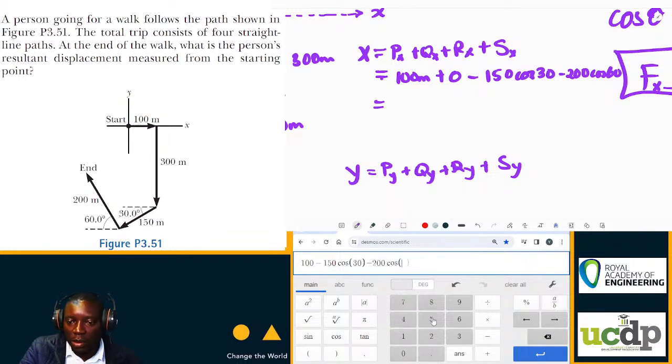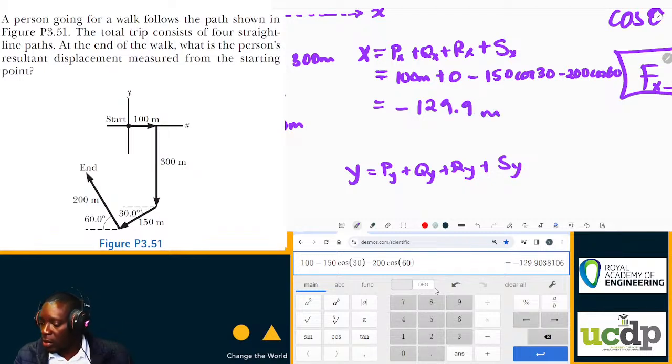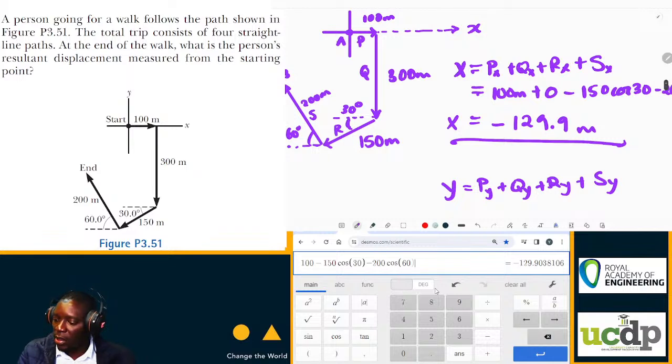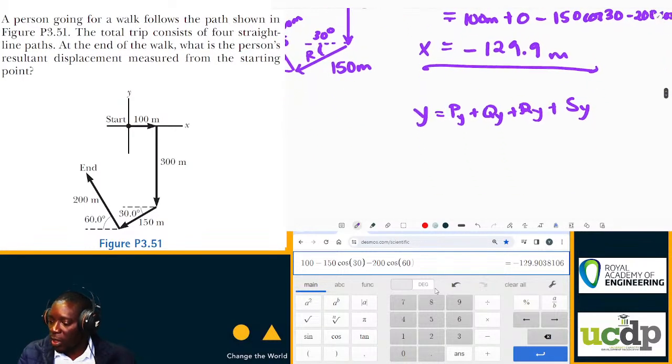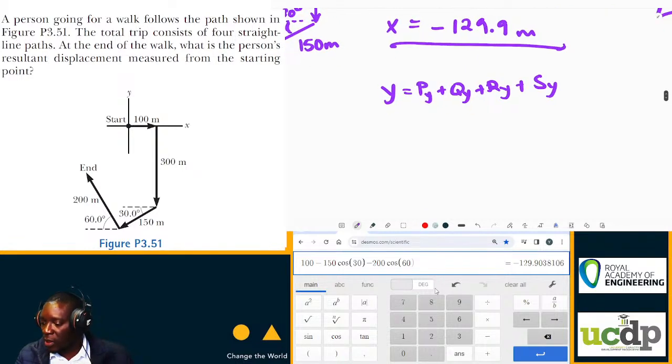That's negative 129.9 meters. So this is your x displacement. The overall x displacement is negative, and that agrees with the position of B with respect to A along the x direction. It should be negative. So that makes sense so far.